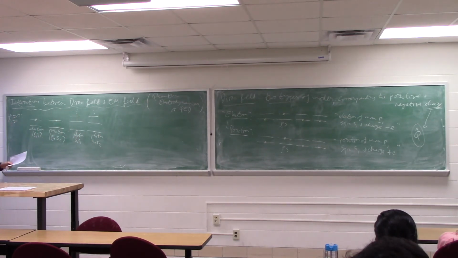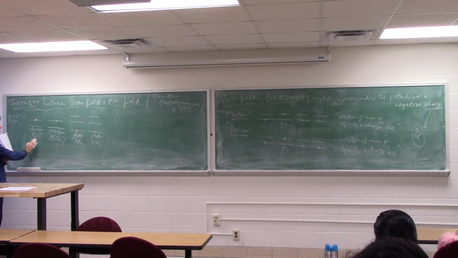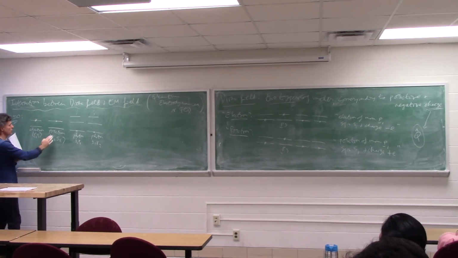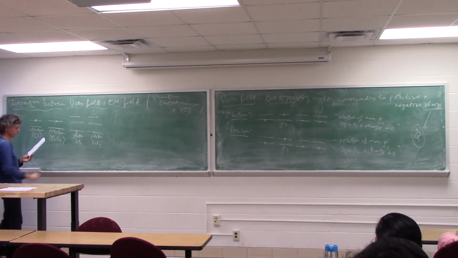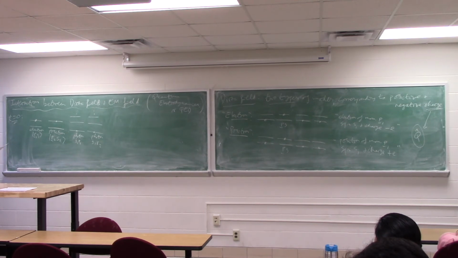So the electromagnetic field is all in the ground state. Two modes of the Dirac field are excited. One corresponds to an electron of momentum P1, one to a positron of momentum P2. Let's not worry about the spin.